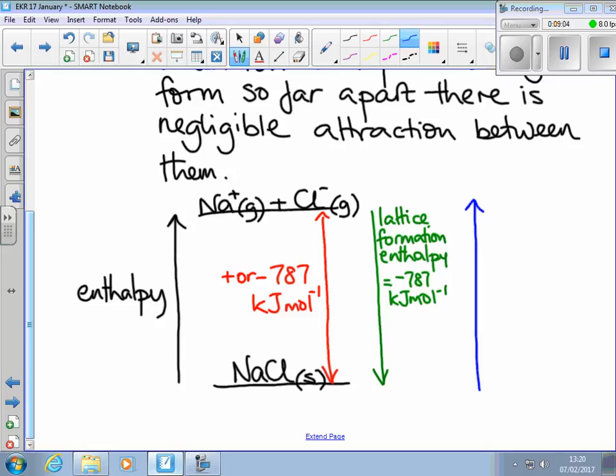But this is where we are taking sodium chloride and blasting it apart into these ions that are so far separated there's no attraction between them. We call that lattice dissociation enthalpy, or enthalpy of lattice dissociation. Doesn't matter, the terminology's a little flexible.